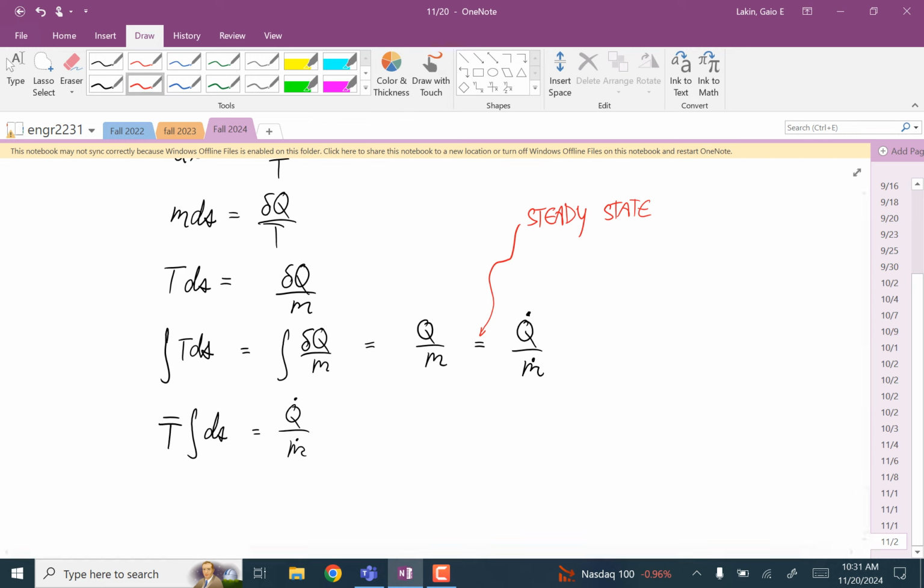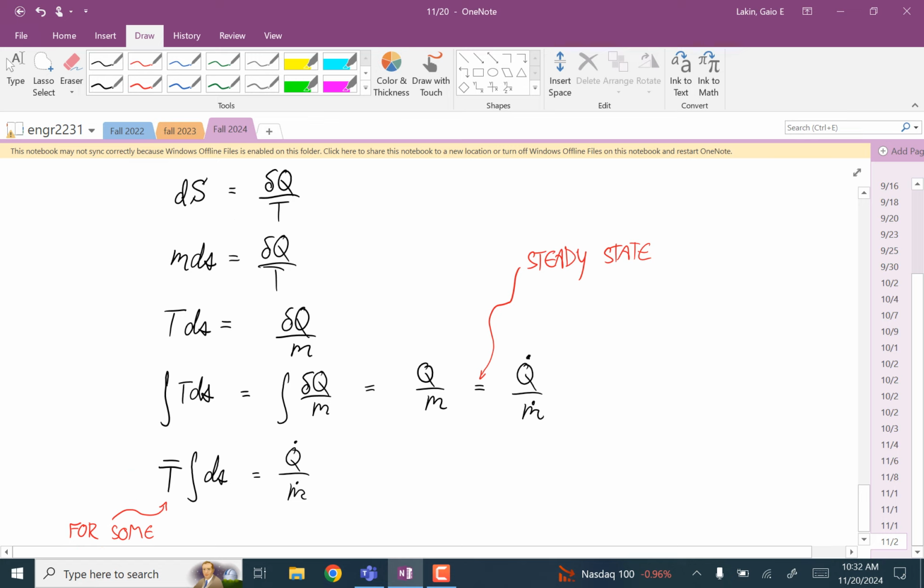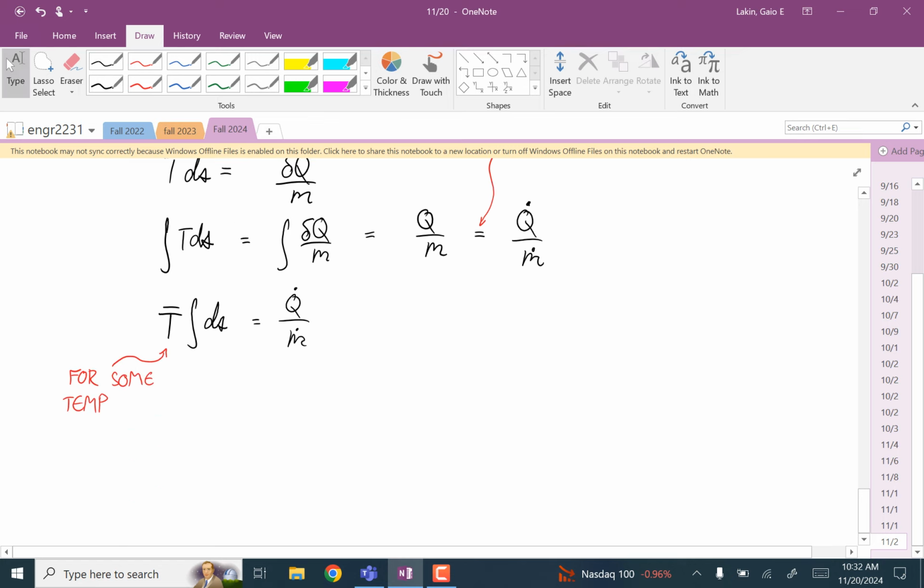Okay, so this T bar is for some temperature at the boundary, during that process.